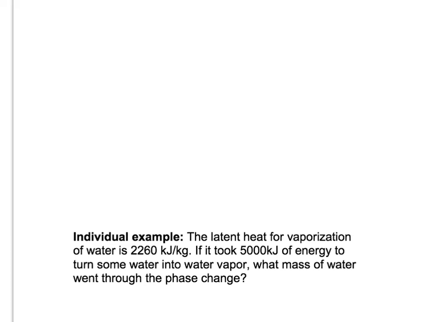So again, we start with defining our variables, and the variables that we are going to have in this problem are going to be Q, M, and delta H. I need to figure out which one of these is given and which one I'm looking for. The first number I get is 2260, and it tells me that that is latent heat.